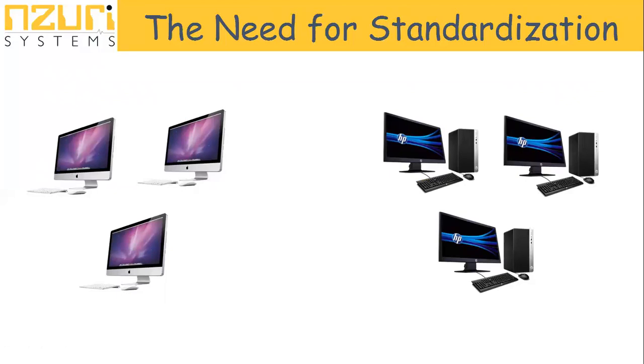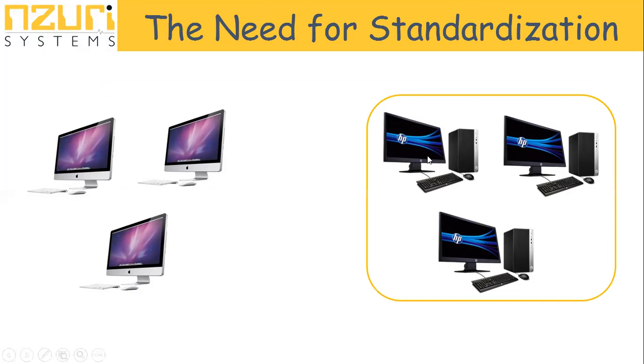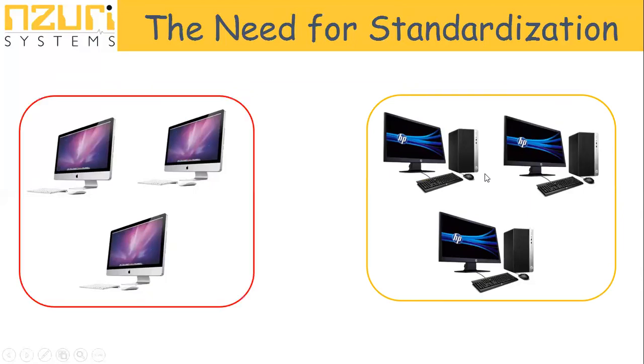If HP decided to do the same, all their PCs would be able to communicate fine, no problem. But then there's going to be a problem: in case any of these HP PCs want to communicate with these iMacs, it won't be possible. The reason being that they are all running proprietary standards or proprietary protocols.